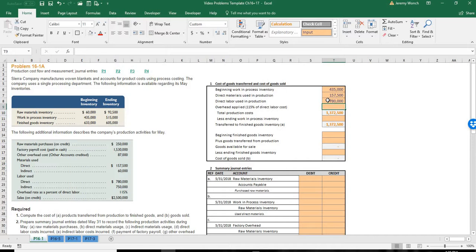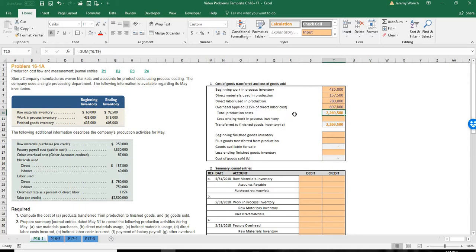Now we apply the overhead during the month, at a rate of 115% of direct labor costs. To do that, we take our direct labor cost and multiply it times 1.15. That means the total production costs, what we started with plus what we added, was 2.2695 million.